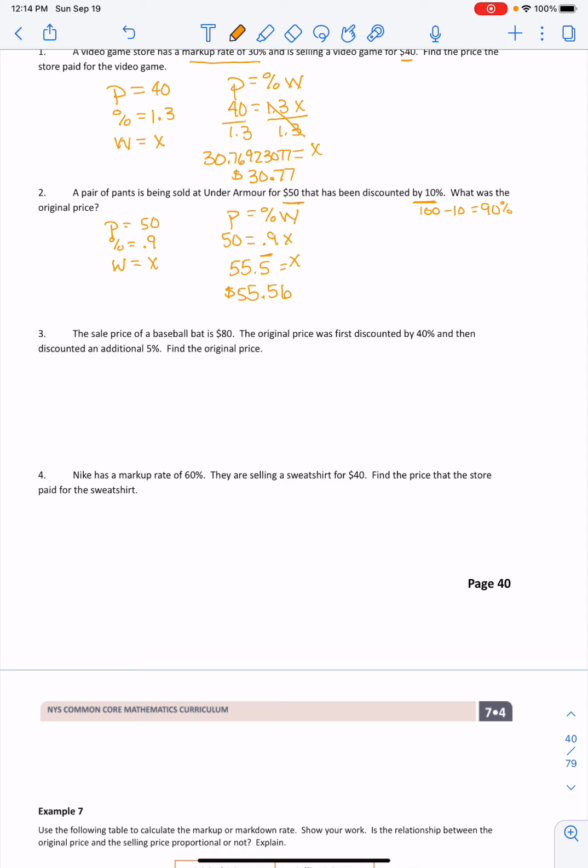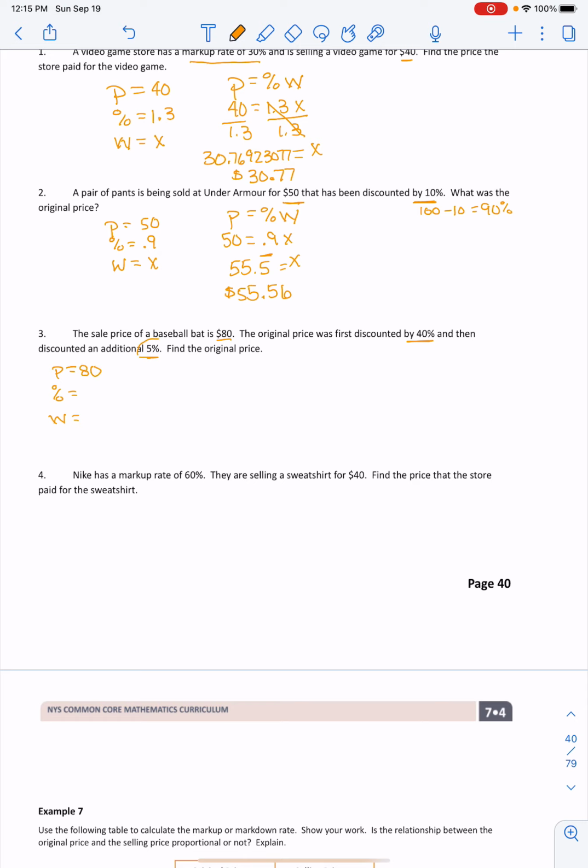Our next question says the sale price of a baseball bat is $80. The original price was first discounted by 40% and then discounted an additional 5%. Find the original price. So again, we're going to do this twice. So the first one is the additional 5%. So we're going to take that 80. So P, percent, and W. So our part is 80.